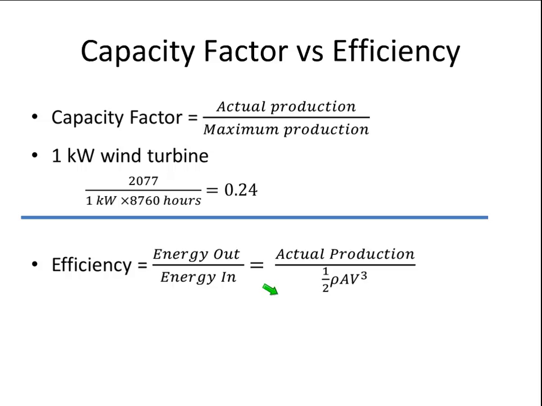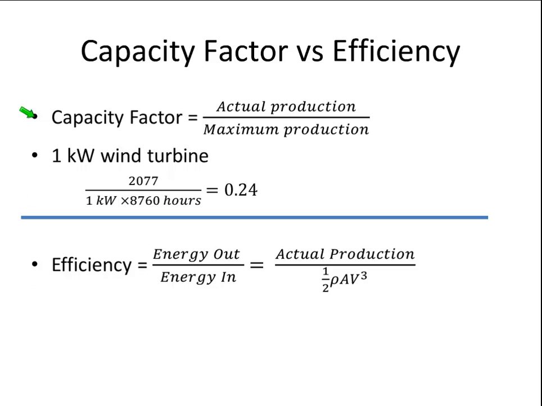Just a representation of efficiency here. I want to explain one thing that sometimes I think gets confusing, and that is when we talk about efficiency, efficiency is simply the energy out divided by the energy in. So we can think about that as actual production over the amount that is hitting it. The other number that we sometimes see, and people equate it to efficiency, but it's not, is capacity factor.